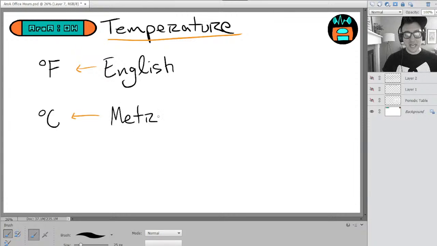But there's actually another temperature unit used in science, almost as much as Celsius. They're both present, and so we need to be familiar with both of them. And that is Kelvin. Notice it's not degrees.